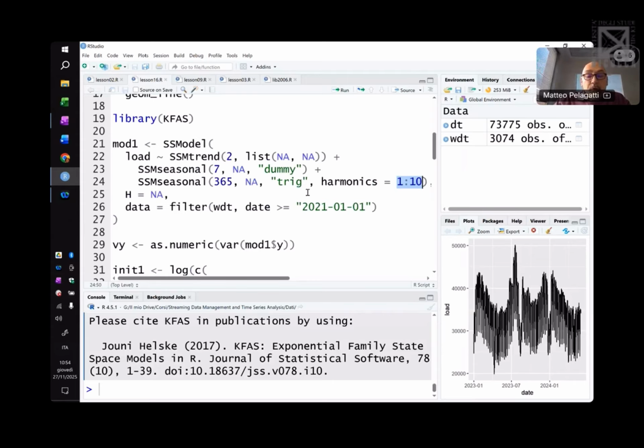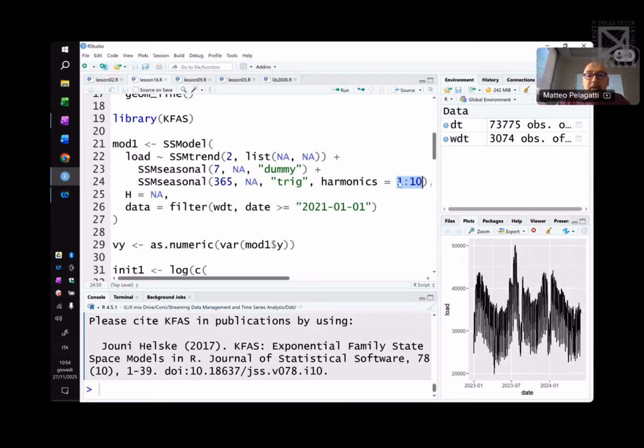But we noticed that probably 10 sinusoids were too few, because there was a lot of seasonality still caught by the trend. So the trend was moving with a seasonal pattern of every 365 days.